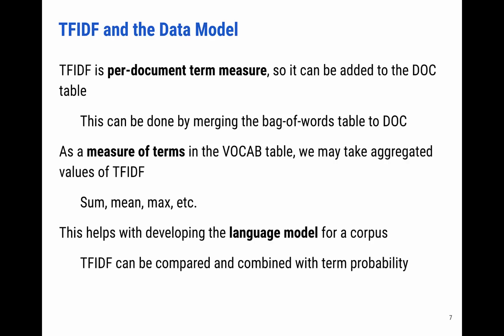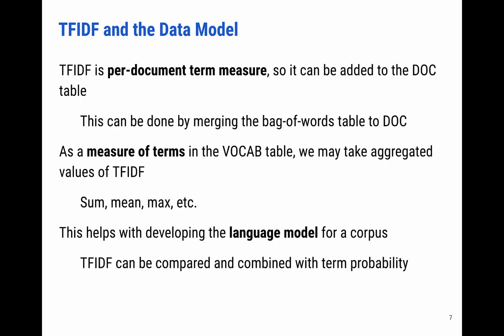You can also, if you apply summary statistics, as we mentioned in the previous slide, talk about TF-IDF associated with each term in the vocabulary table. So each term could have a feature, maximum TF-IDF, mean TF-IDF, and the sum of all TF-IDFs.